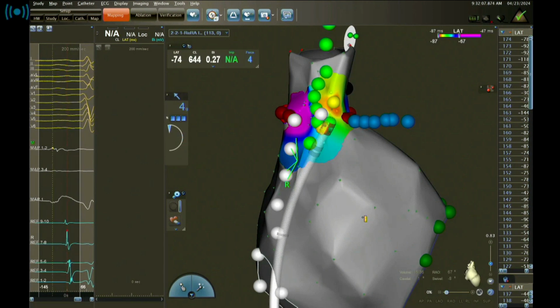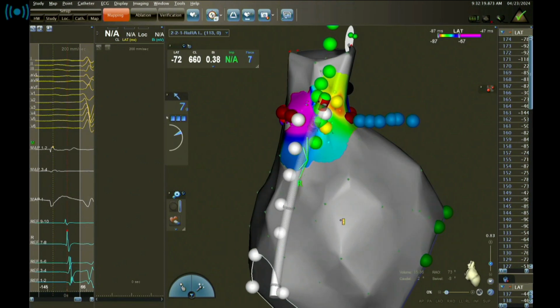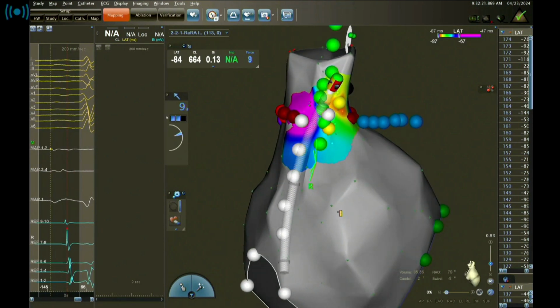And why we didn't finish this phrenic segment lesion? This is what we want to show just now. When we did this lesion, I believe that there is still no phrenic alteration. But when we start pacing the phrenic side superior to the lesion, there was acute non-capture.